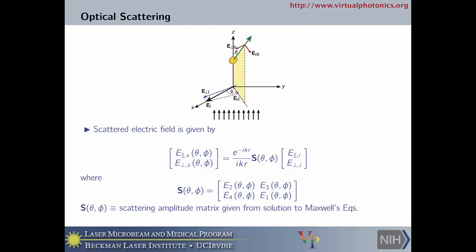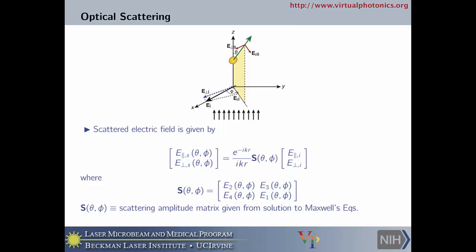And similarly, it tells you how the perpendicular component of the polarization of the incident electric field can populate parallel or perpendicular polarization components of your scattered wave. And this just refers to the propagation and the evolution of a spherical wave. This is the attenuation with distance. k is your wave vector, and this is your attenuation.